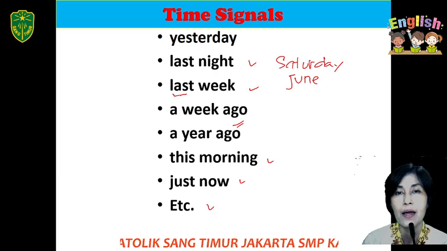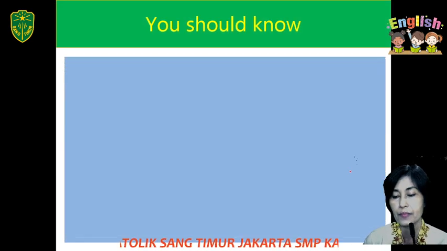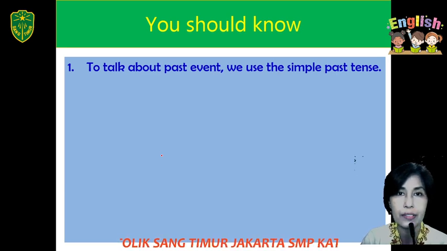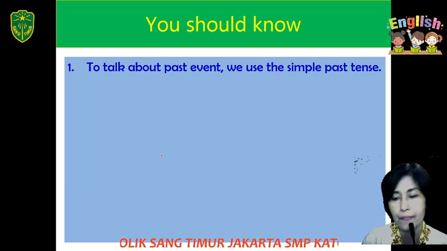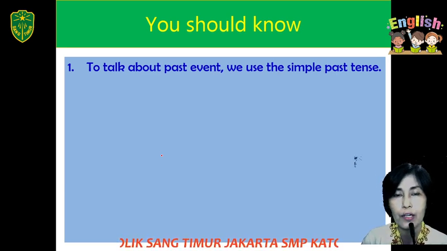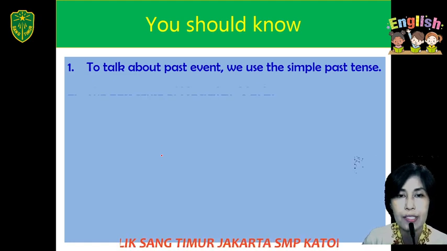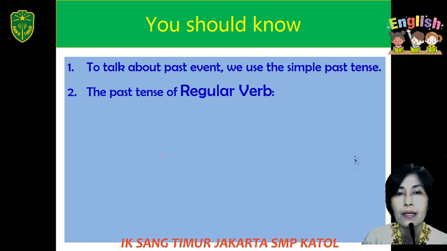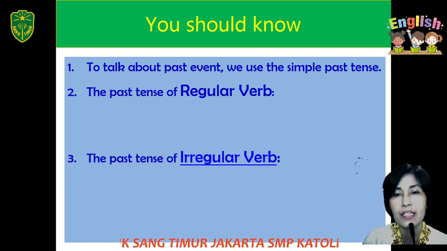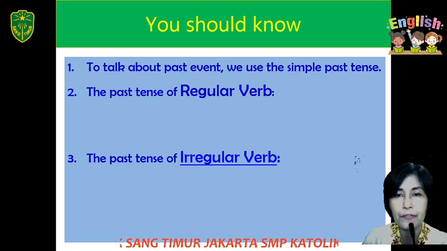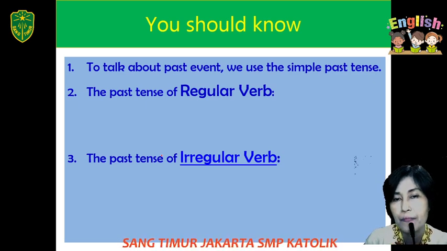Well, that's all about the to be in the past tense. And then you are going to learn more about the simple past tense using regular verb and then irregular verb. Besides using the to be, we also use the verb in the past tense.